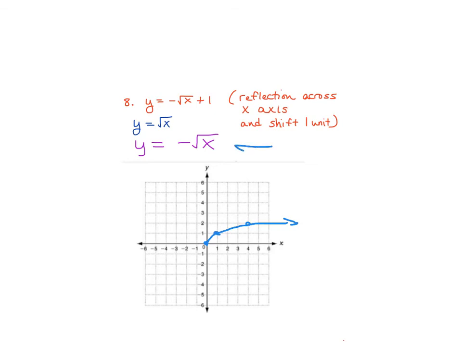And if we first just reflect it across the x-axis, a reflection would look like this. And then not only is it being reflected, indicated by the negative sign there, we're also going to shift it 1 unit up from the reflection. So we're going to now take the green line, shift each of the points up 1 unit, giving us our new graph.